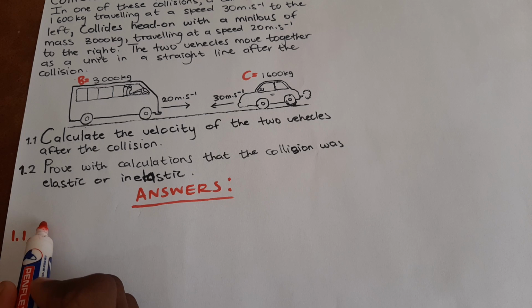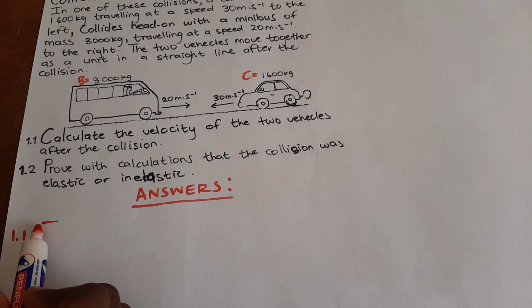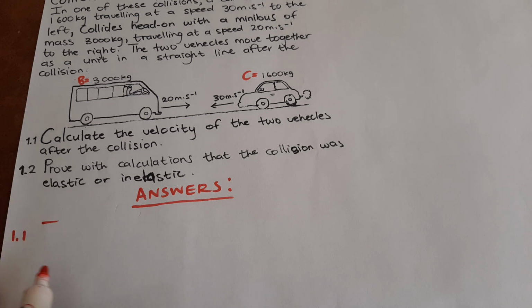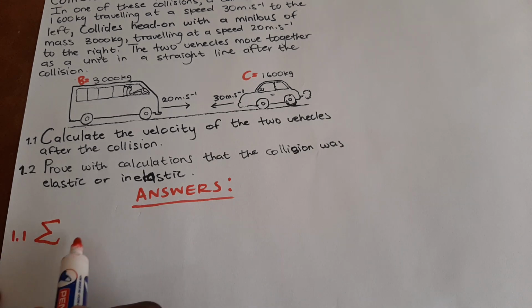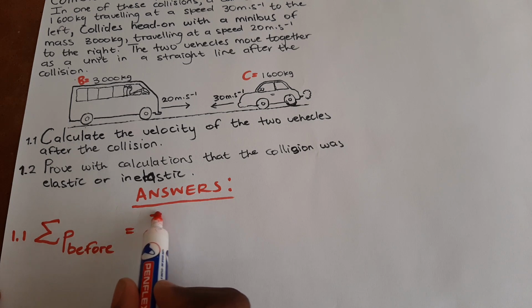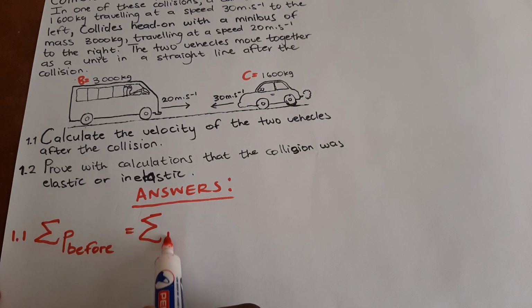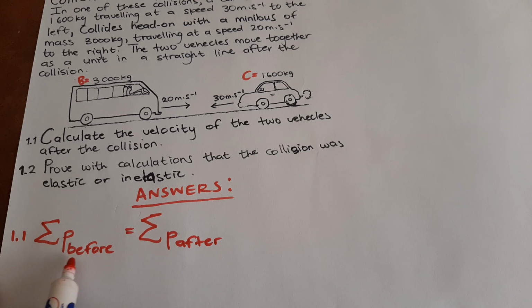The law of conservation of linear momentum states that the sum of linear momentum before is equal to the sum of linear momentum after the collision. This is your sigma, the sum. The sum of momentum before is equal to the sum of momentum after the collision, meaning the initial momentum of the two objects.